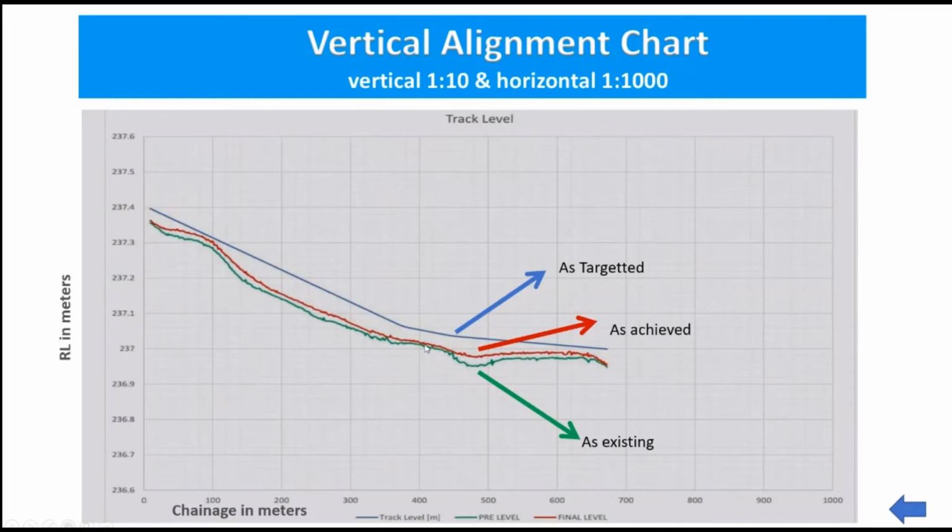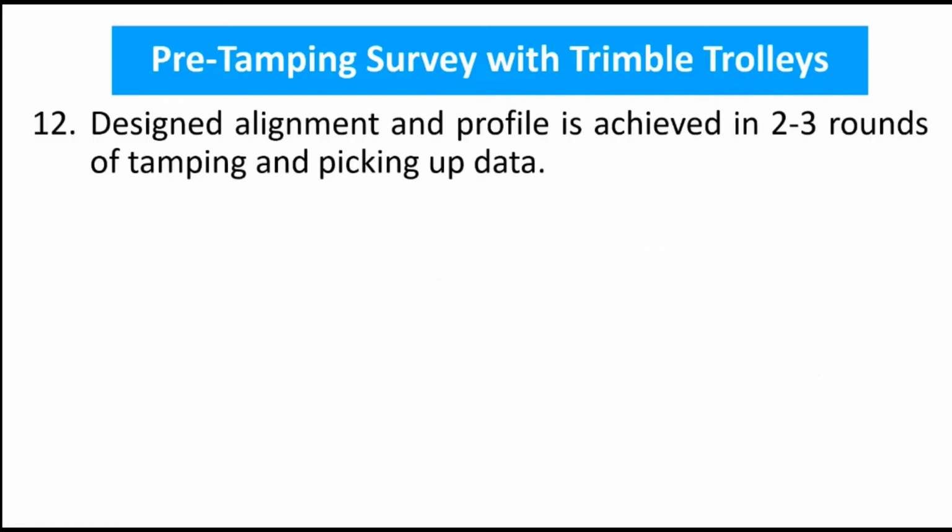After one round of tamping, this red line is achieved, and after the residual we have to continue so many rounds of tamping so that we achieve the designed or the targeted alignment. It may require 2 to 3 rounds of tamping depending upon the amount of slews and lifts which are to be done by the tamping machine.